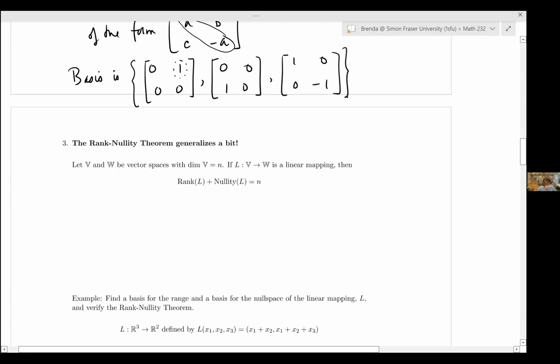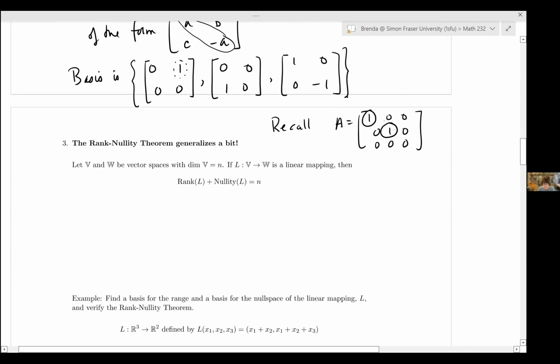Okay, we have a generalization then of the Rank-Nullity theorem. We've previously said the rank of a matrix. Recall, if we have a matrix A, let's just take as an example, 1 0 0, 0 1 0, 0 0 0. The rank of the matrix is the number of leading ones.